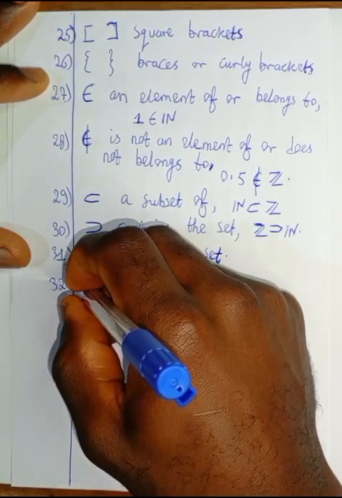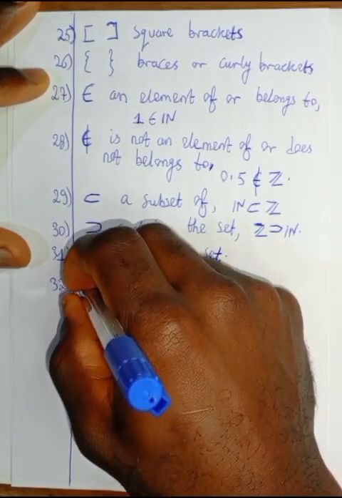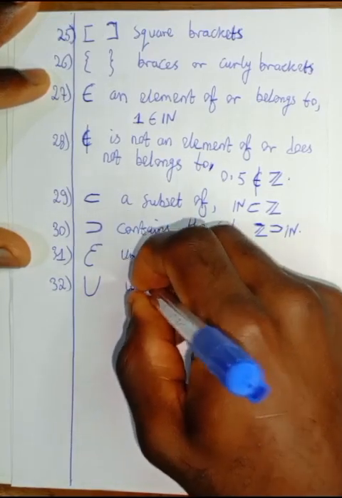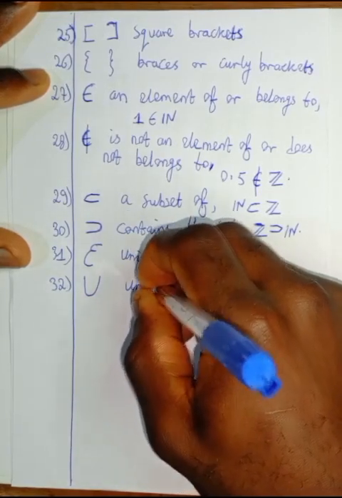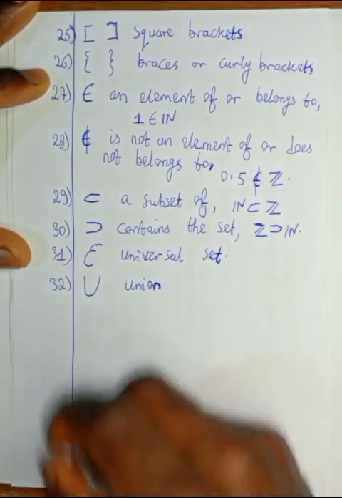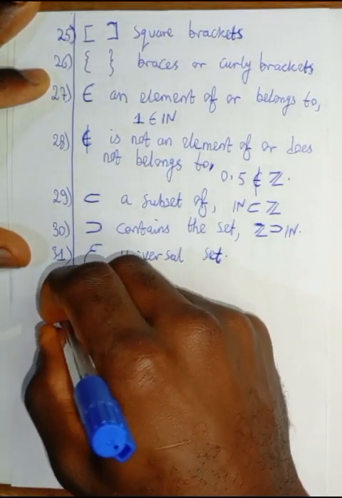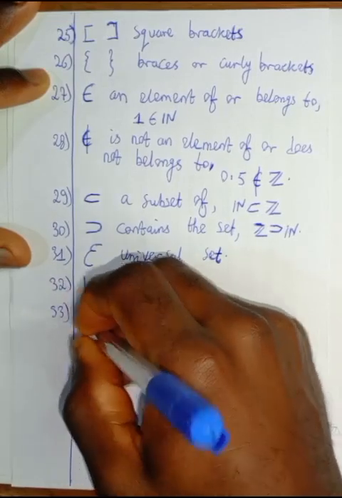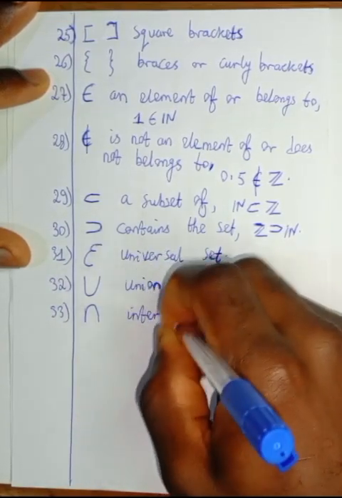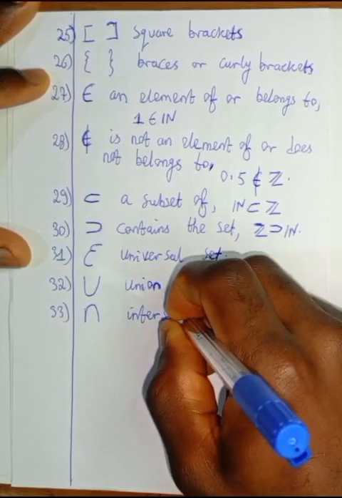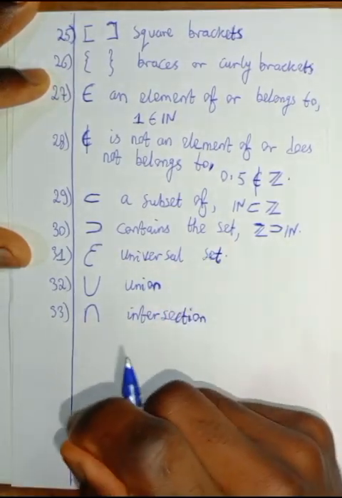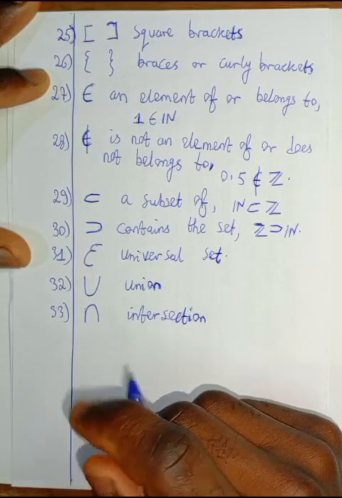We have U as such, which stands for the union. We go to 33, we have an ∩, which stands for the intersection of sets. That means common elements that you can see in those sets.